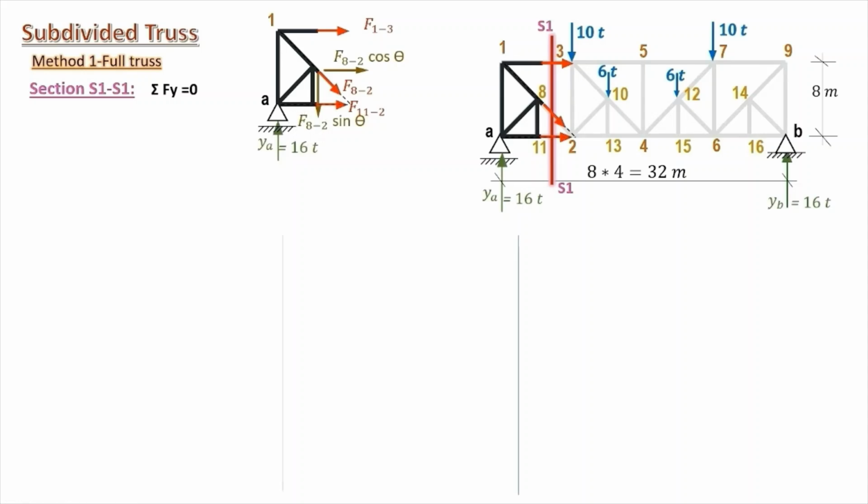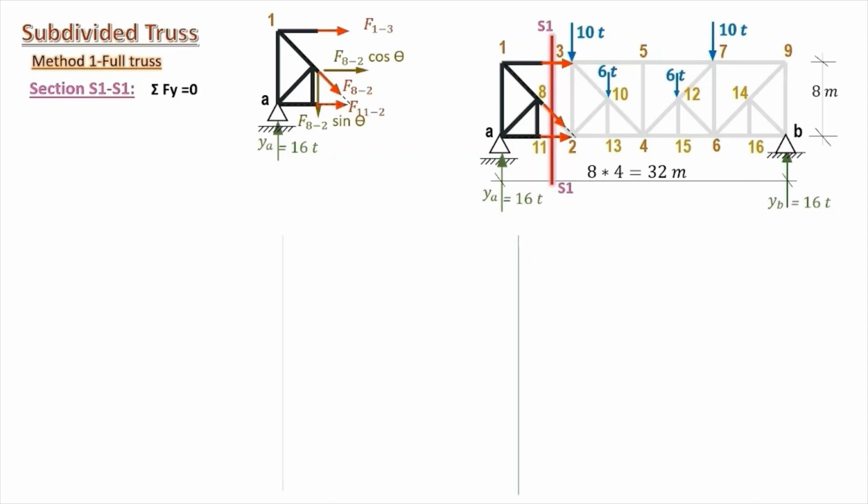Of course, we could have taken a moment about joint 2, and in this moment equation we would be left with the only unknown force 1, 3. And therefore, we precisely repeat that there is no one method to start computing any internal force in a truss.